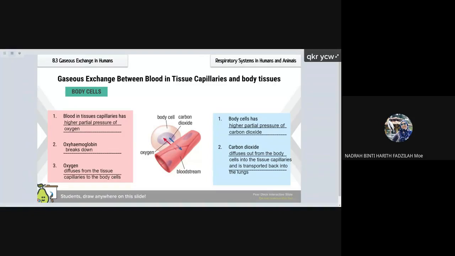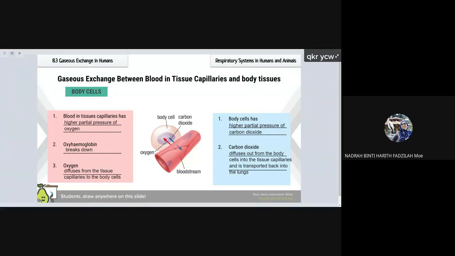And then for the statement in the blue box, we look at the body cells. Since the body cells conduct cellular respiration, the byproduct of cellular respiration is carbon dioxide. That is why body cells have higher partial pressure of carbon dioxide compared to the tissue capillaries.